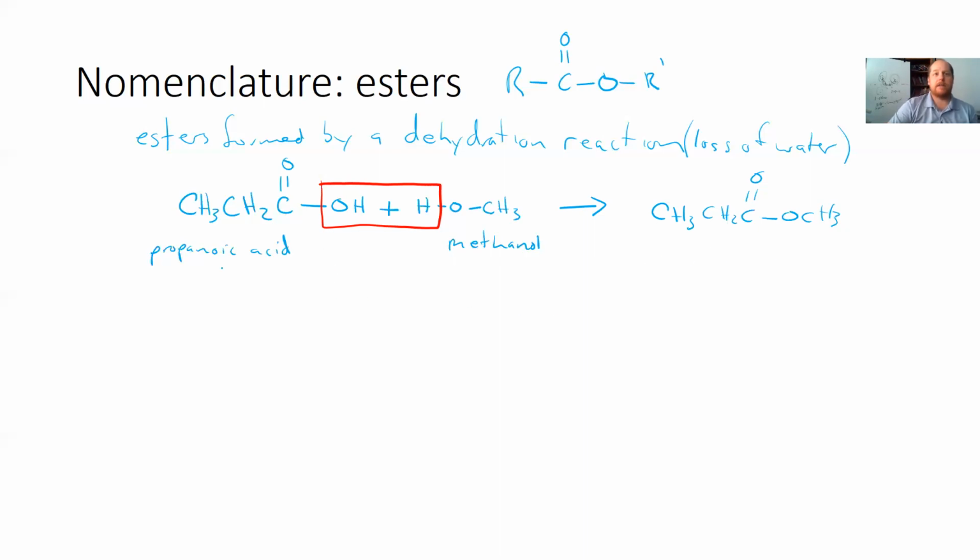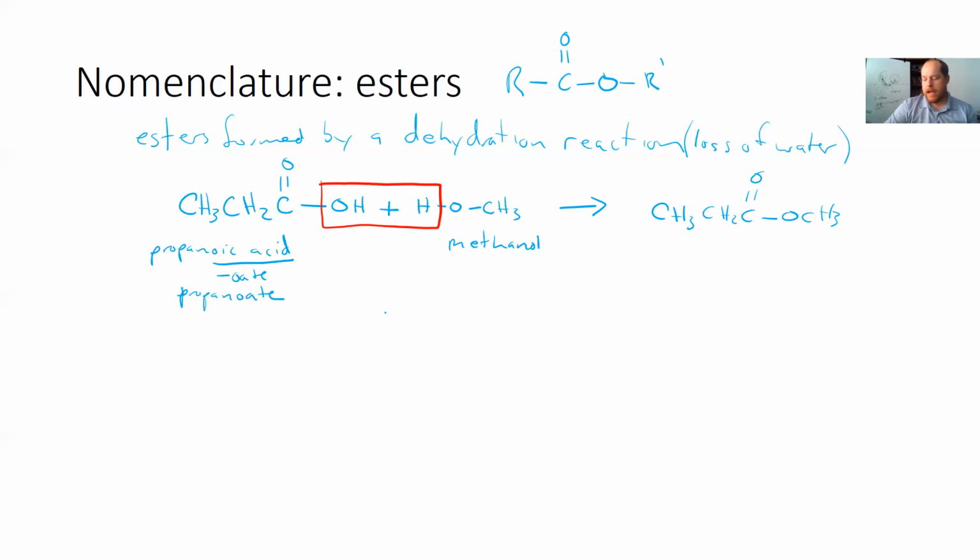And the way this works is you would take the carboxylic acid and get rid of the oic acid, and change that to propanoate. So this would be now propanoate.